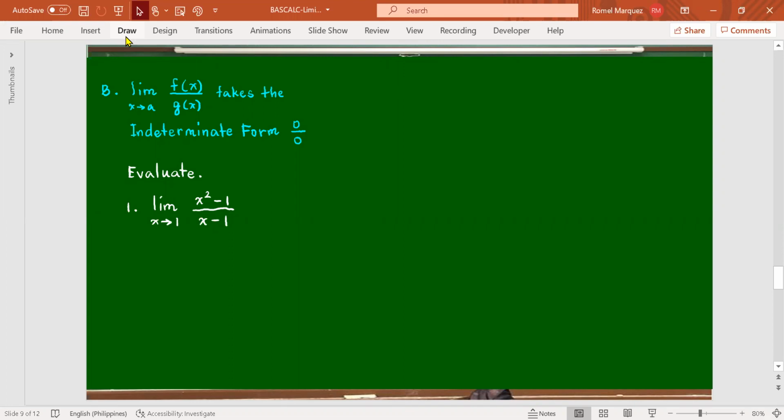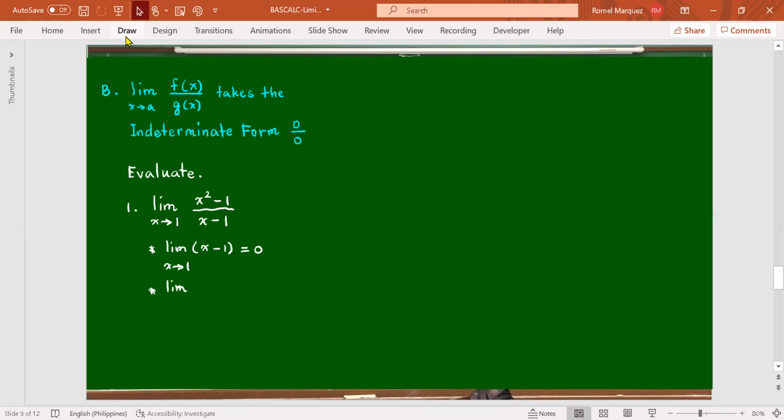To check if it is an indeterminate form, you have to solve separately the limit of the numerator and the limit of the denominator. Start always with the denominator, because if the denominator does not go to 0, you can proceed immediately, provided the limit of the numerator exists. Does the limit of the denominator go to 0? Yes. So it is possible that it becomes indeterminate.